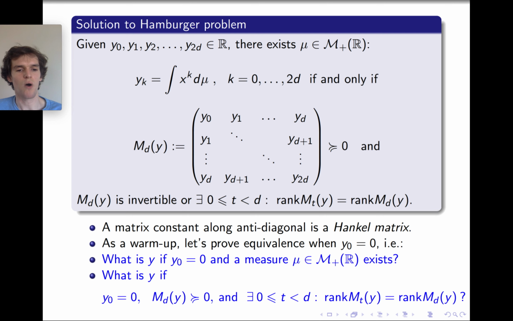And then what is y if y0 is equal to 0, the moment matrix is positive semi-definite, and this condition is satisfied? Basically, what you can find in both cases is that y is just 0. All the terms in y have to be 0 in either case. And so this proves that if you intersect this equivalence with the fact that y0 is 0, the equivalence holds. The only possibility in either case is for y to be equal to 0.